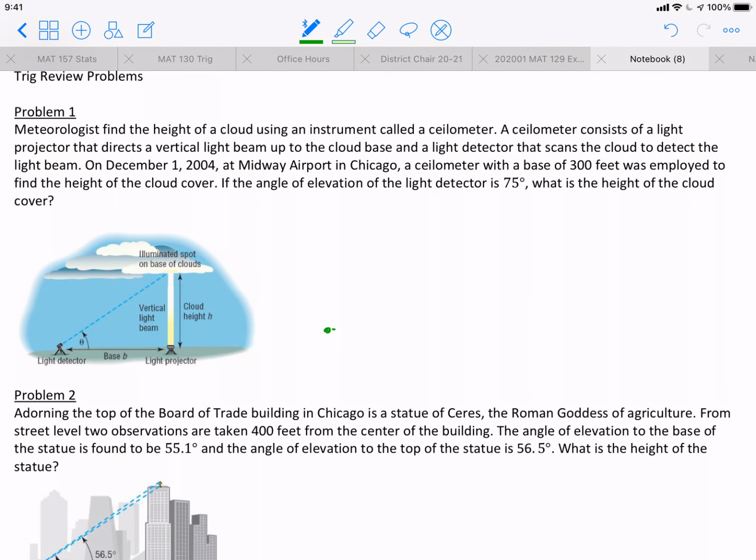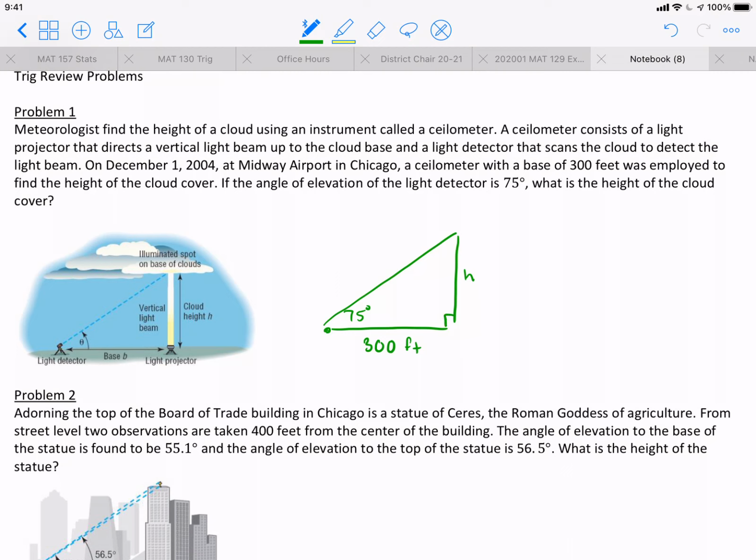So 300 feet, 75 degrees. And so we want to know what this is. I'll call it y because up, down values are y. I guess they use h, so maybe I should use h. And that's pretty easy.